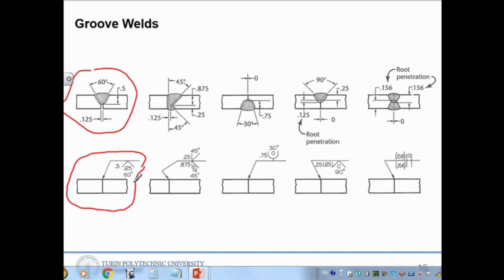Here the angle of 60 is shown, the distance between the two plates is shown here, and the depth of the penetration is shown here. That's a key weld, and that's a U shape weld, and here the triangular again. And two sides welded this way can be represented like this.